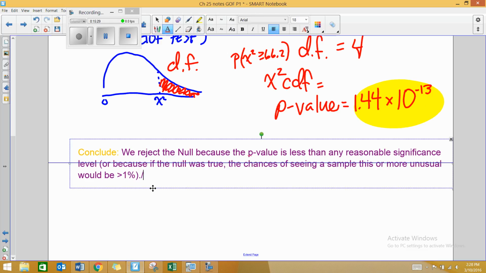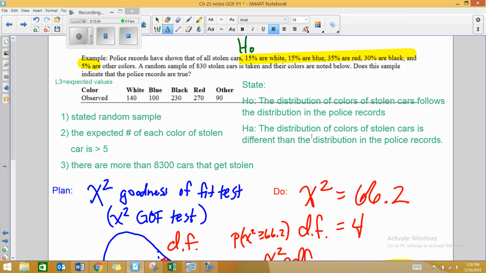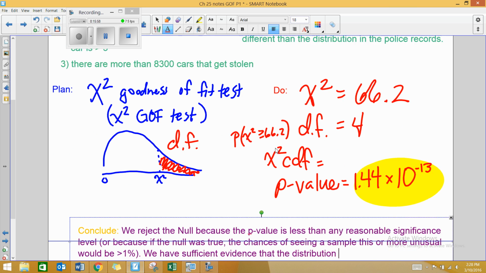Again, decision and justification, and then our second sentence is reporting if we found evidence. Well, we did find evidence. So we have sufficient evidence that the alternative is true. So that's all I'm doing. I'm going to repeat exactly what I said my alternative was, because that was what we just kind of found a case for.